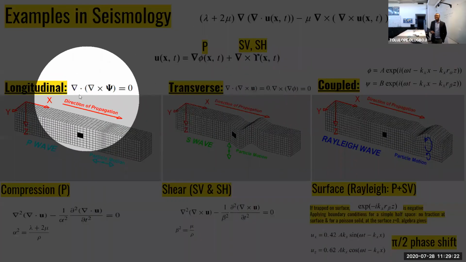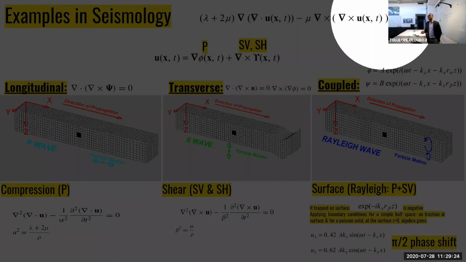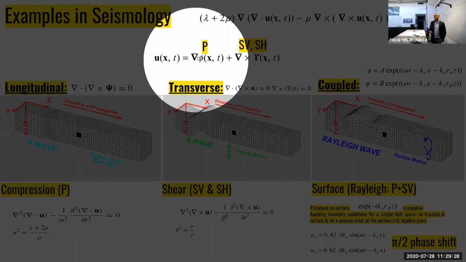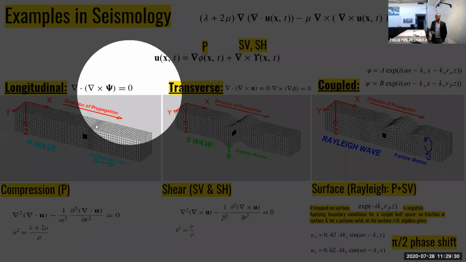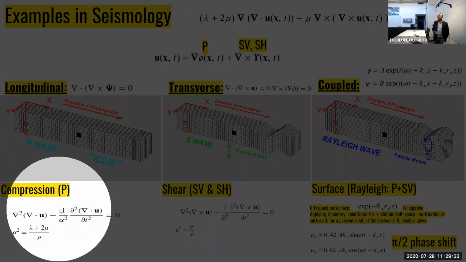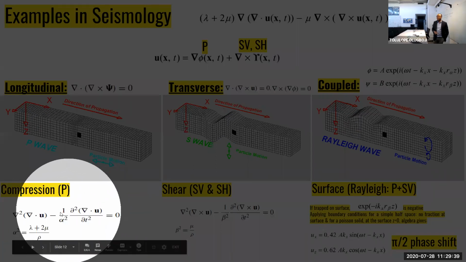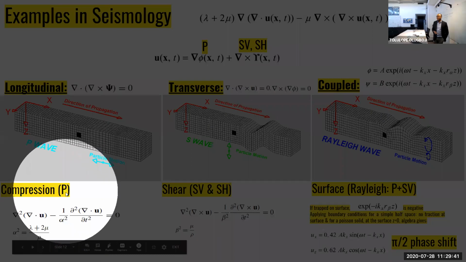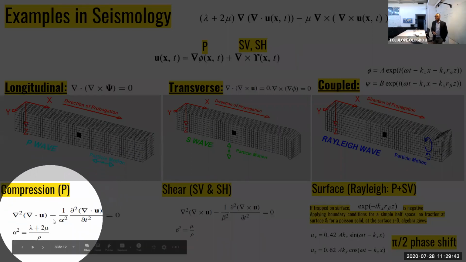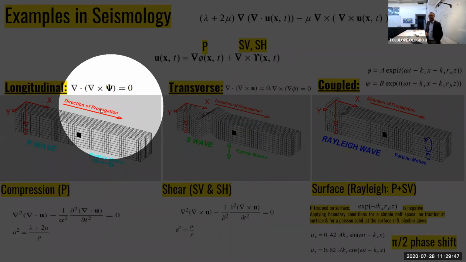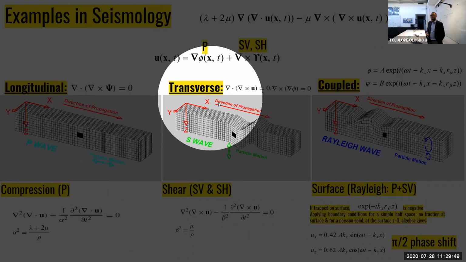If you then take the divergence of this seismic wave equation, everything except the P potential falls out, and you have a P wave seismic wave equation traveling at the speed alpha. So this is a wave equation showing the P wave traveling at speed alpha. That happens when you take the divergence of the wave equation.